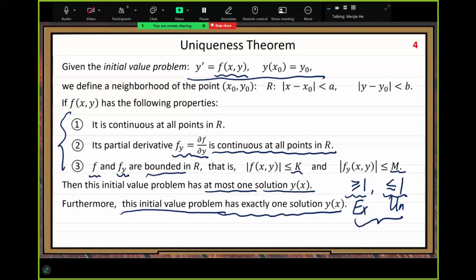Only when the f function is relatively simple can we find a specific formula for the solution. So although we can show the solution exists and is unique, its formula cannot be found. The specific formula may not be available.